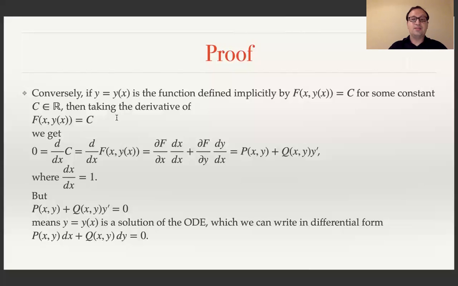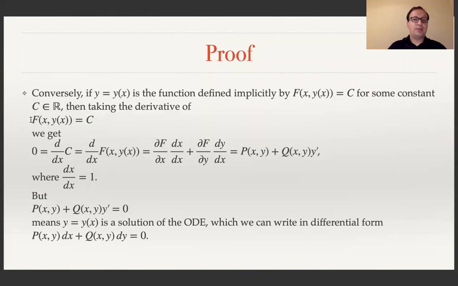So now in the second part, we are not going to assume that y is a solution. We just take some function y of x such that capital F of x and y of x is a constant. And we want to prove that y of x is a solution.